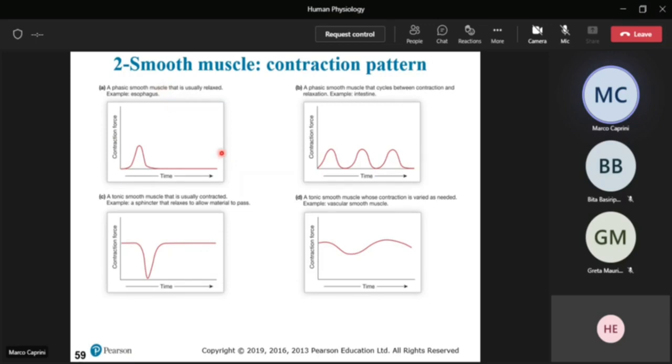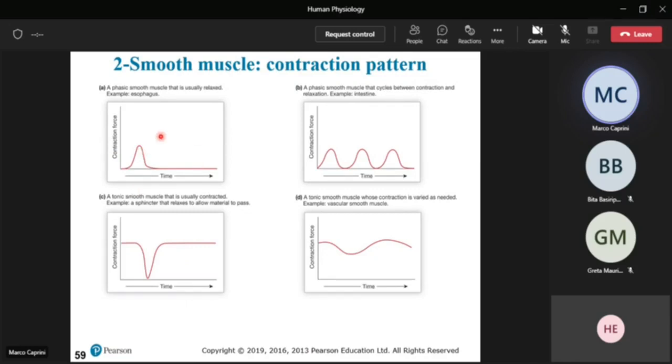Let's analyze considering the contraction pattern. And as you can see from the graph, the smooth muscle is quite different from the striated muscle that we analyzed last week, okay? And also the way in which they develop the tension, the contraction force, is different.